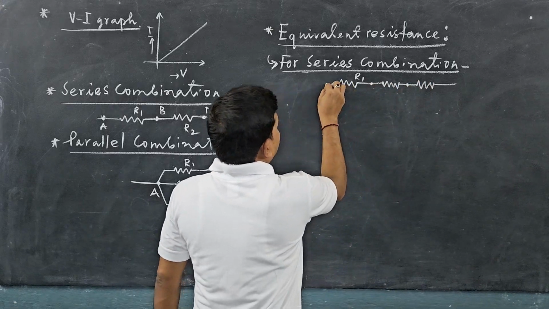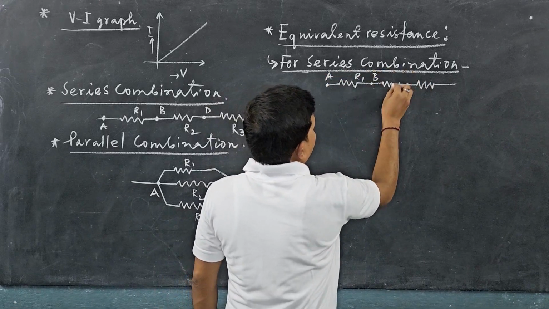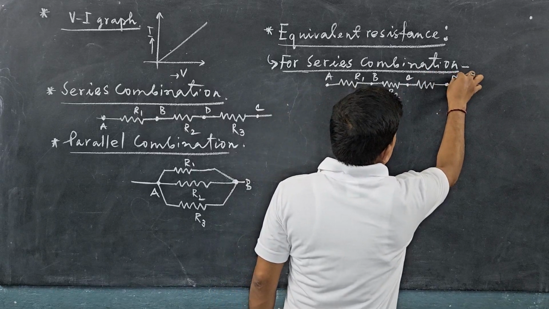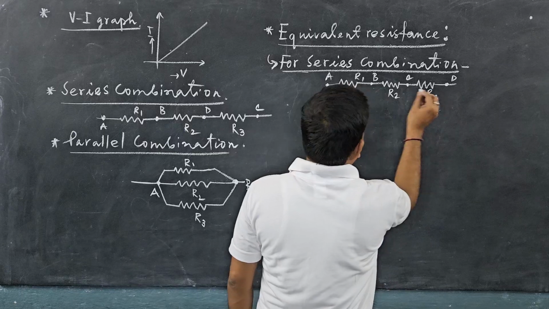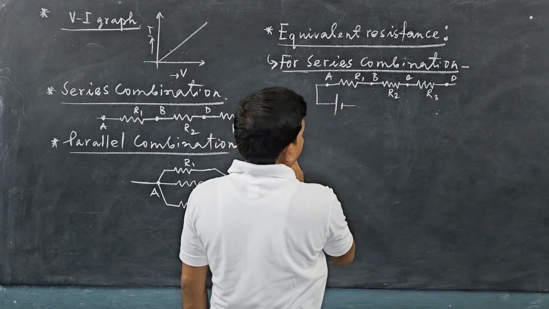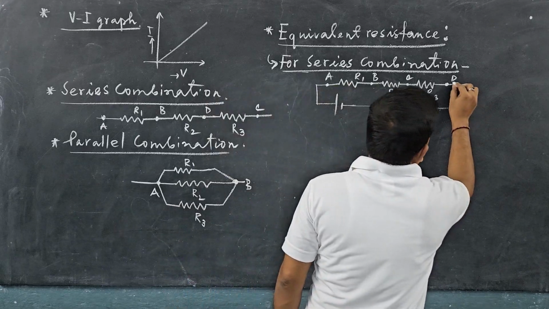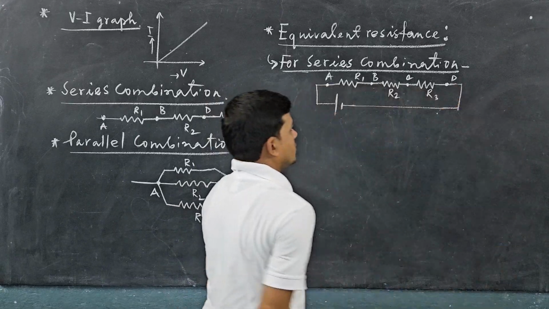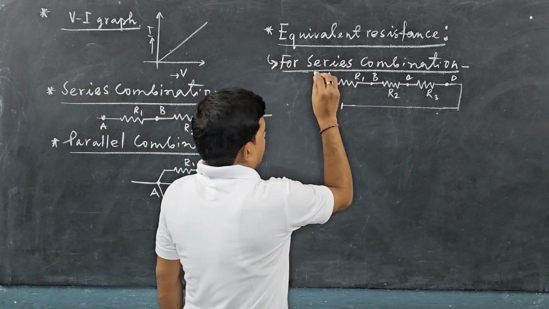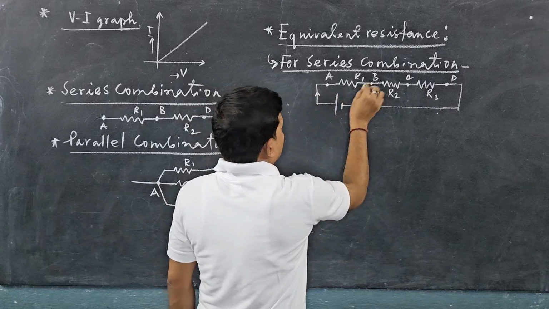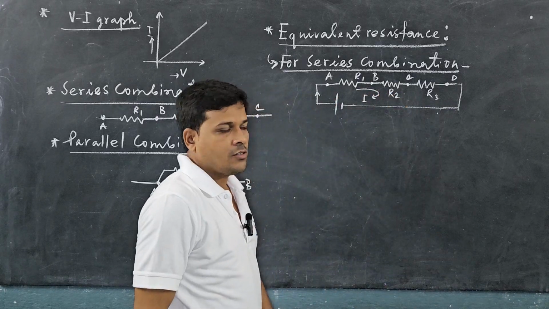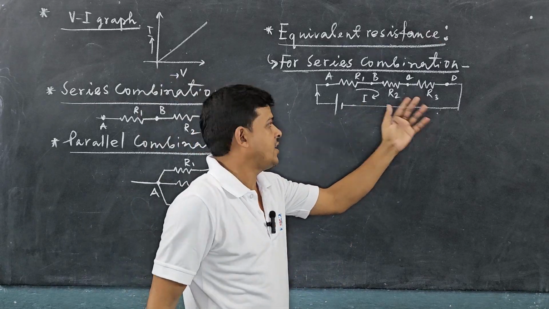This is point A, B, this is R2, this is C, and this is point D, this is R3. Now it is connected with an electric cell, and across it is the combination of the resistors in series. Let the electric current flowing through the wire be capital I. We can connect an electric switch also here.